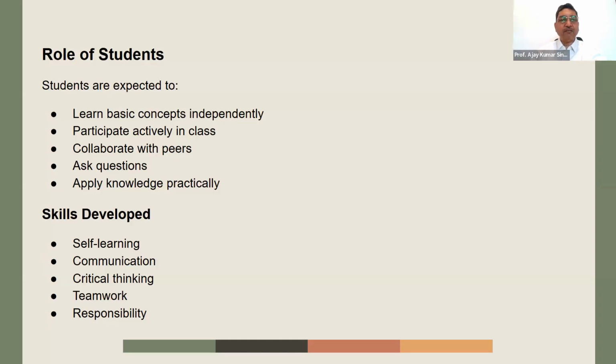They should be actively involved in the development of their own learning process, and they can also be used as teachers for teaching their peers or juniors. So skills developed are self-learning, communication, critical thinking, teamwork, and responsibility. These are the skills that get developed through this process of the flipped classroom.